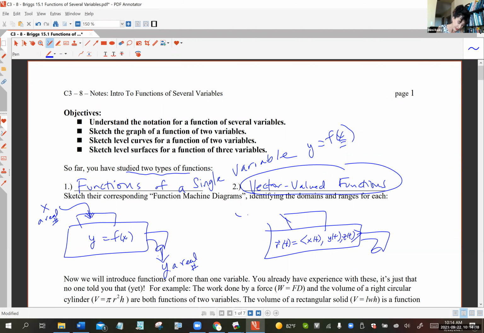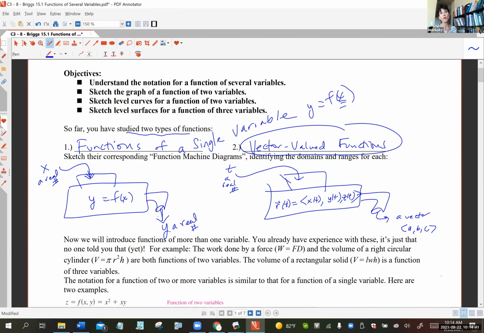And you feed the vector valued function t, which usually stands for time, a real number. The output is a vector. You feed it a real number and you get a vector of some sort, say, some constant vector a, b, c.